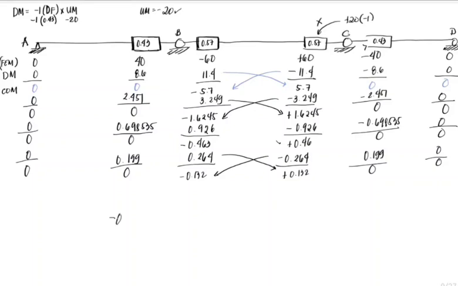Itong negative 0.132 na yan, i-times mo ng negative 1, i-times mo sa DF natin. Yung DF dyan would be 0.43. So, we have 0.132 or 132, times mo ng 0.43, so we will be having 0.0567. Okay.